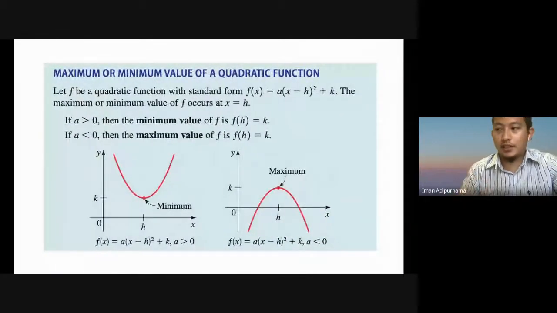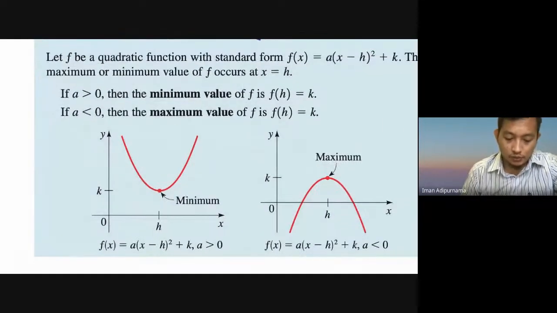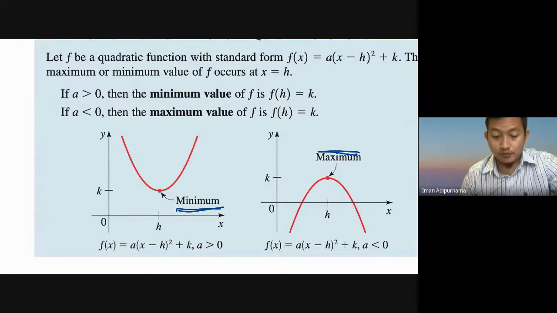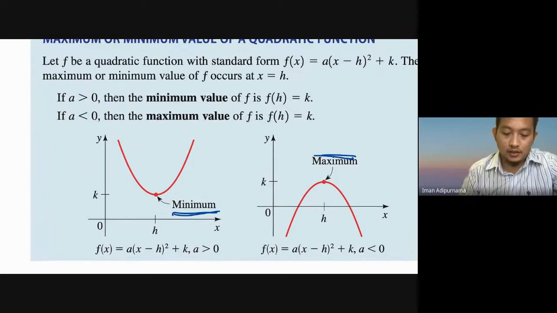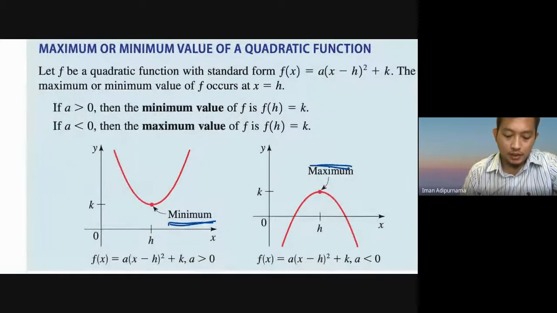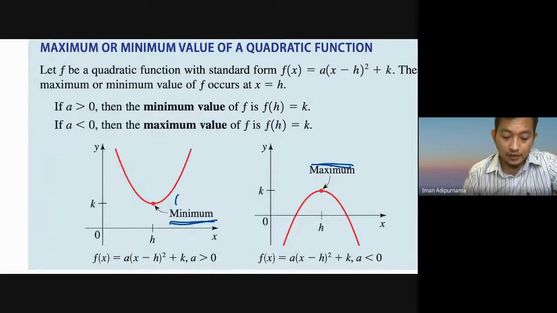This is about the maximum and minimum value, as I mentioned in the previous slides. So this will be the minimum, the left part here, and this will be the maximum. If we look at the minimum and maximum, both are at the (h, k) point, which is the vertex.